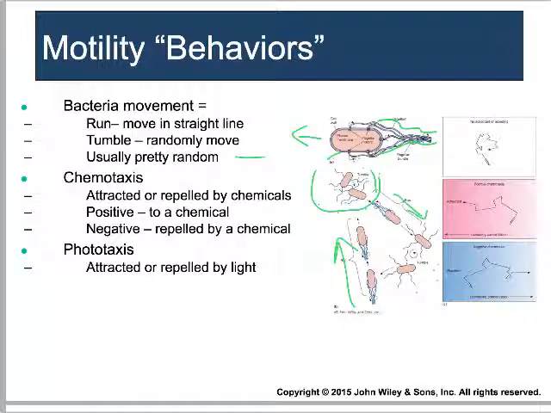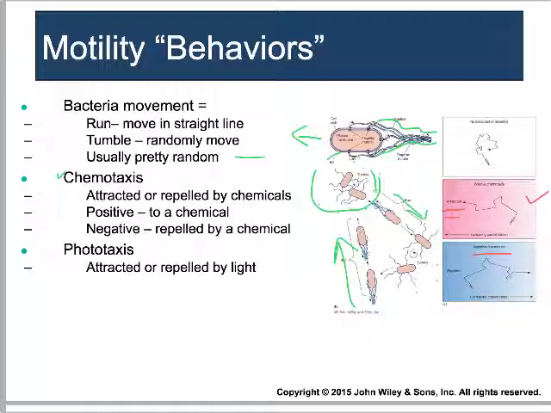Now, they've found that bacteria do exhibit these two things called chemotaxis and phototaxis. Positive chemotaxis means that a bacterium would actually move towards a chemical. So this red one is moving towards something.